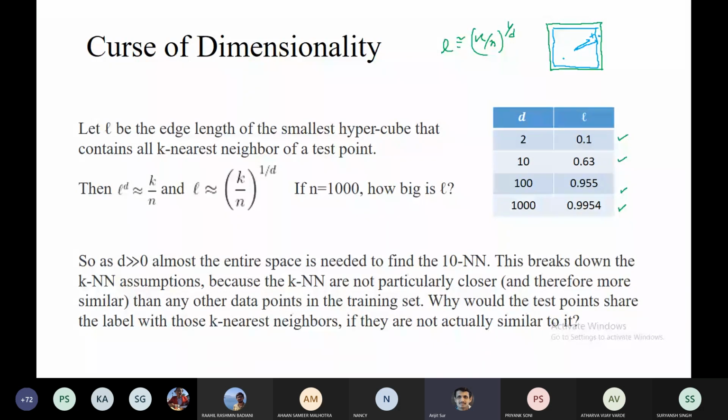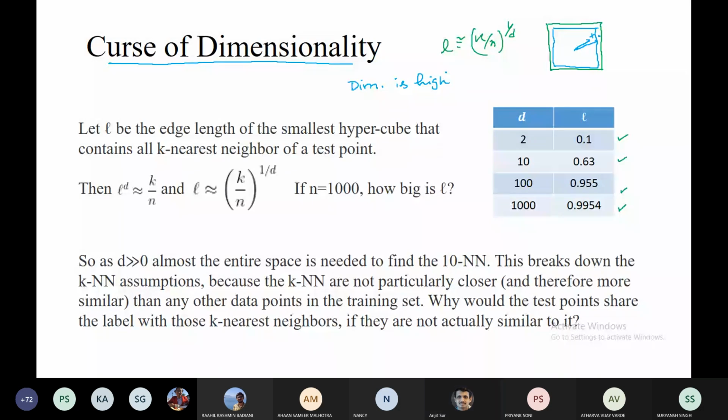So the basic proposition of nearest neighbor has failed here if the dimension is high. This is called the curse of dimensionality. That means in a higher dimensional space, it will not work.